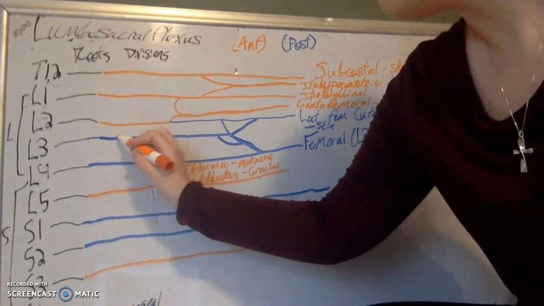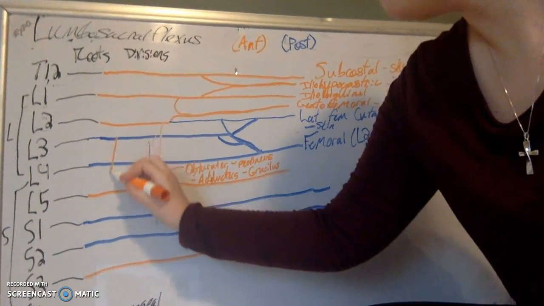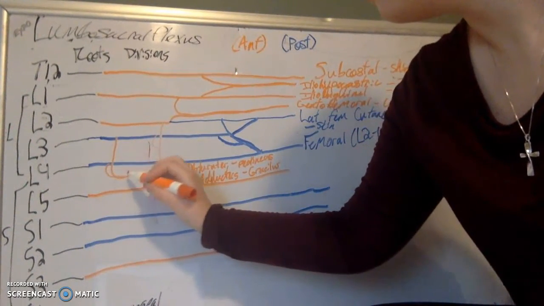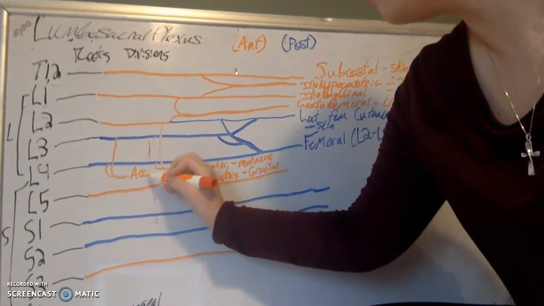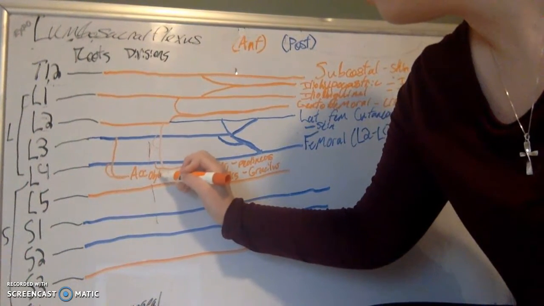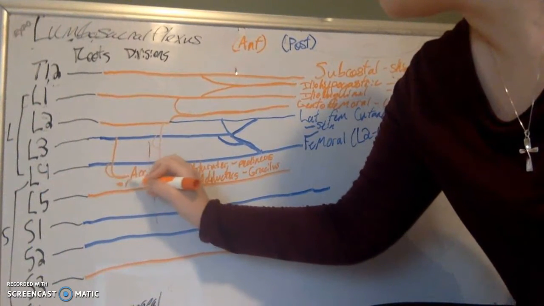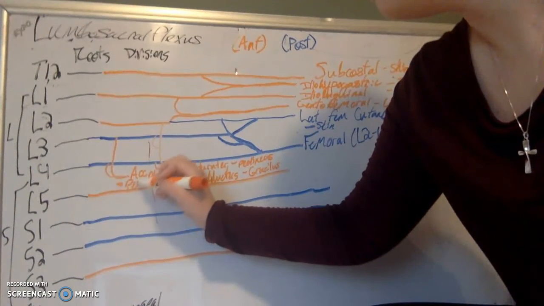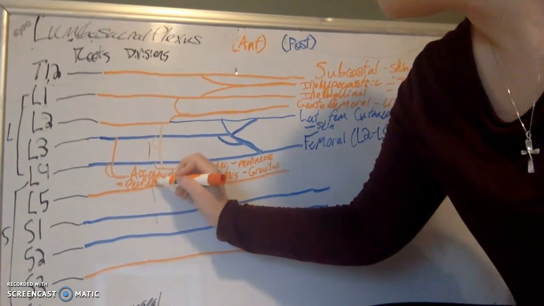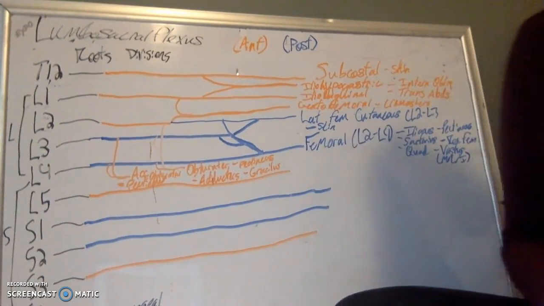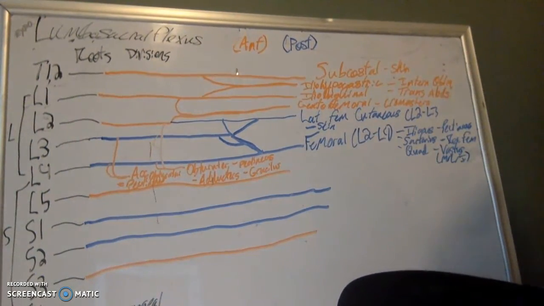And coming off of L3 and L4, we're going to have the accessory obturator, which will innervate the pectineus. And that's a fun nerve because not everyone has it.